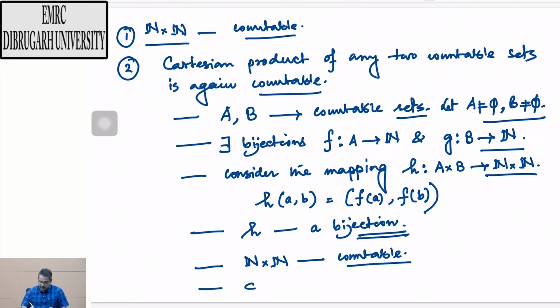Therefore, there exists a bijection from n to n cross n, again a bijection.